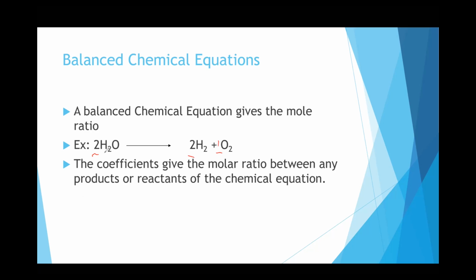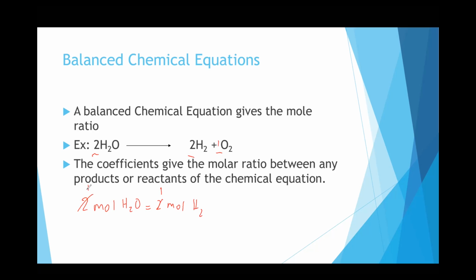If we want to do water to hydrogen gas, it's 2 moles of H2O equals 2 moles of H2. That means for every 2 moles of water we have in the beginning, we get 2 moles of hydrogen gas at the end. Since they're both divisible by 2, we can divide by 2.